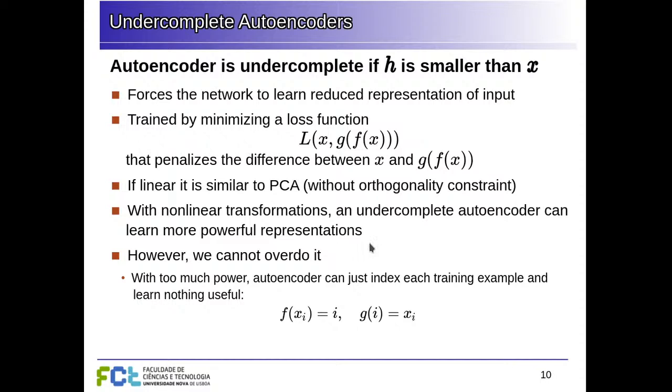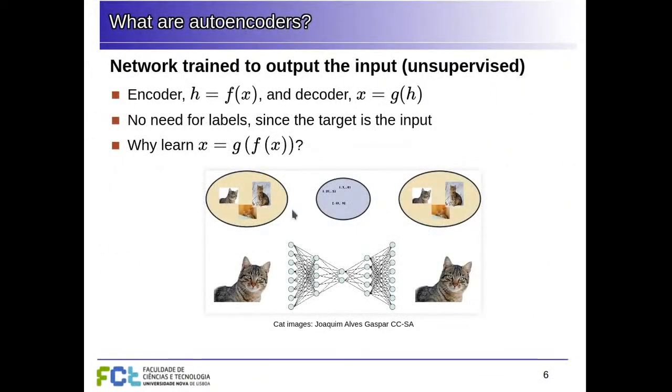Of course, we cannot use too powerful an autoencoder, because then we can make it so that all the information necessary for recreating the input is stored in the weights of the decoder.